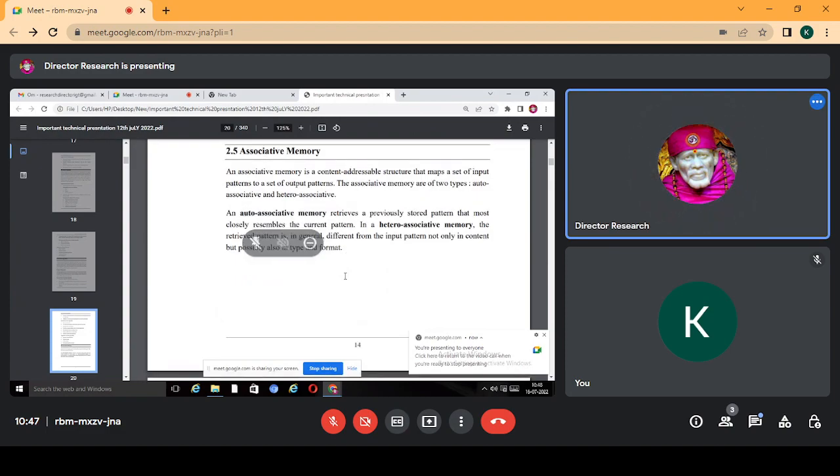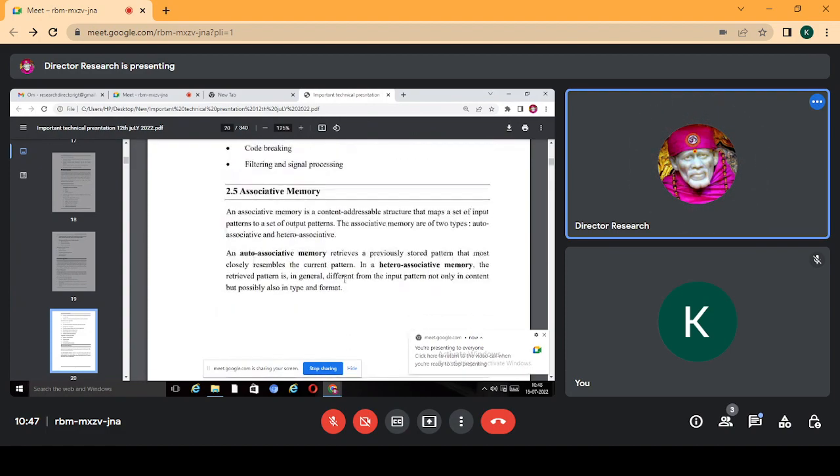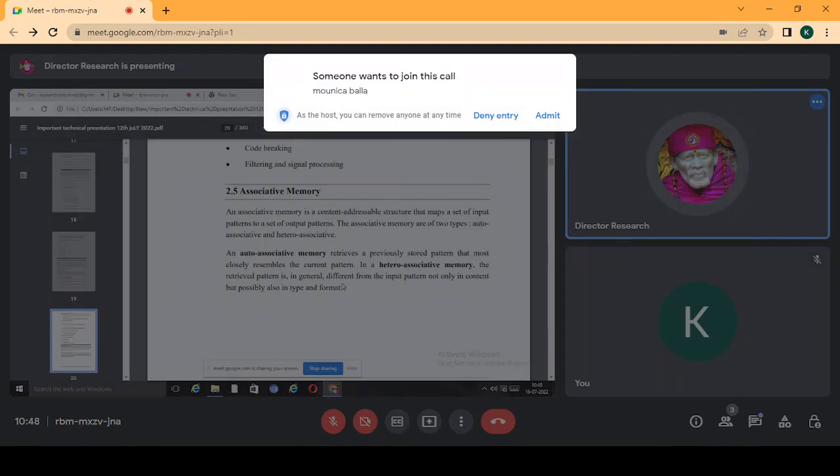Associative memory. An associative memory is a content addressable structure that maps a set of input patterns to a set of output patterns. What I mentioned above is very important, the heart of the presentation. Associative memory is of two types: auto-associative and hetero-associative.